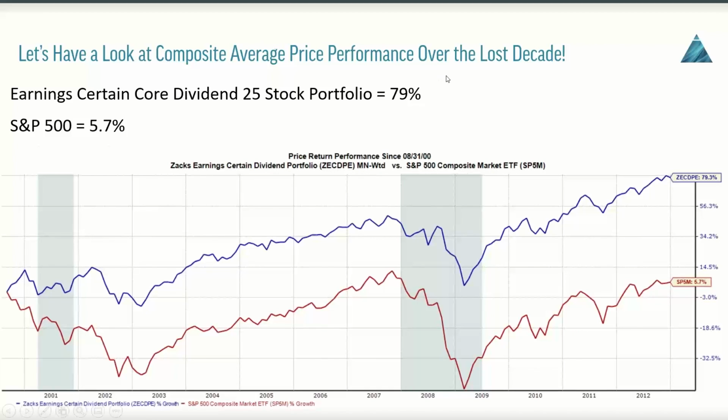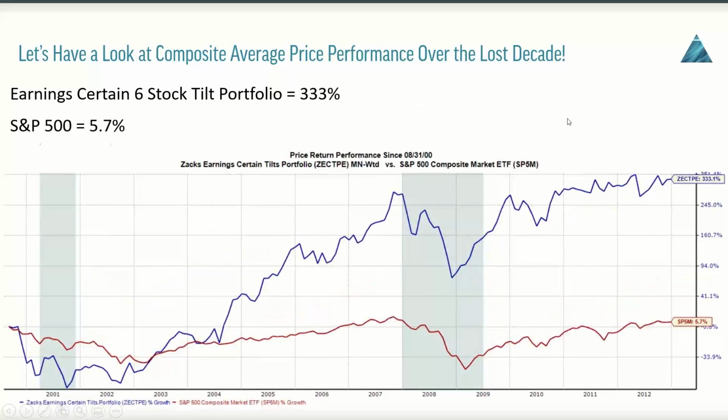And we had a little bit of a slowdown in earnings growth here relative to its other earnings certain core portfolio members. So the 75 versus the Admiral, obviously more growth oriented than the core dividend. So you would expect this price appreciation to be just a touch less. As a matter of fact, it is. It's 79%, but that's still a whole lot better than the S&P clocking in at 5.7.